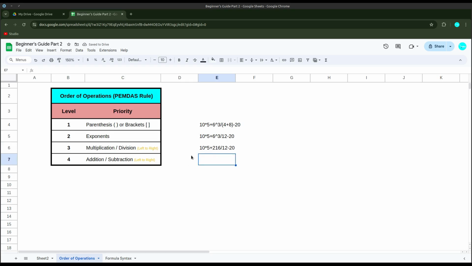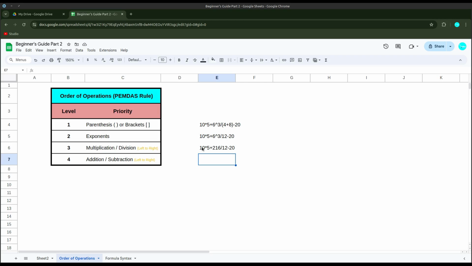Now we have multiplication, addition, division, and subtraction. In an equation, if we have multiplication and division, because they are at the same level, we can calculate from left to right. The same thing applies for addition and subtraction.